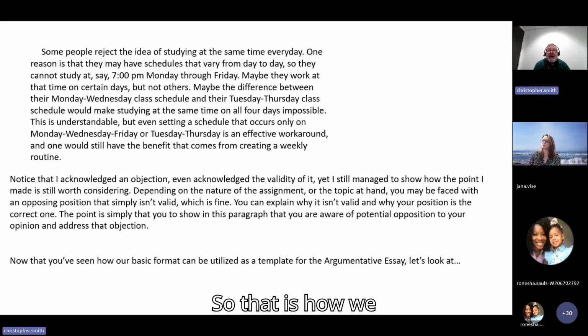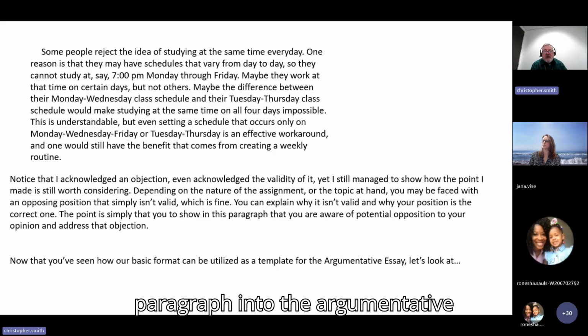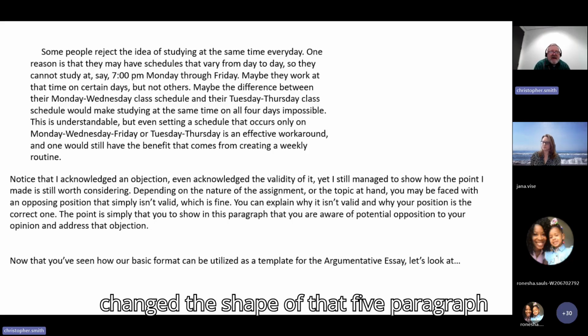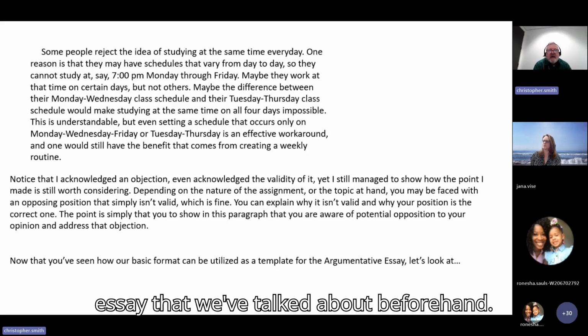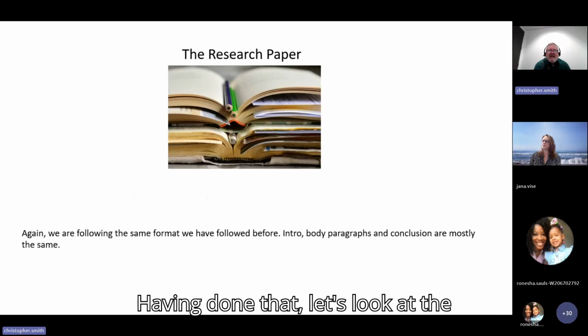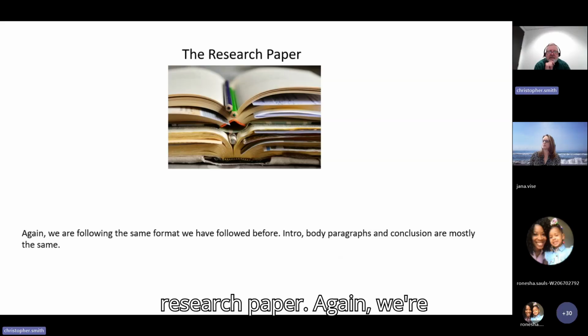So that is how we incorporate the rebuttal refutation paragraph into the argumentative essay, and thus slightly change the shape of that 5-paragraph essay that we've talked about beforehand. Having done that, let's look at the research paper.